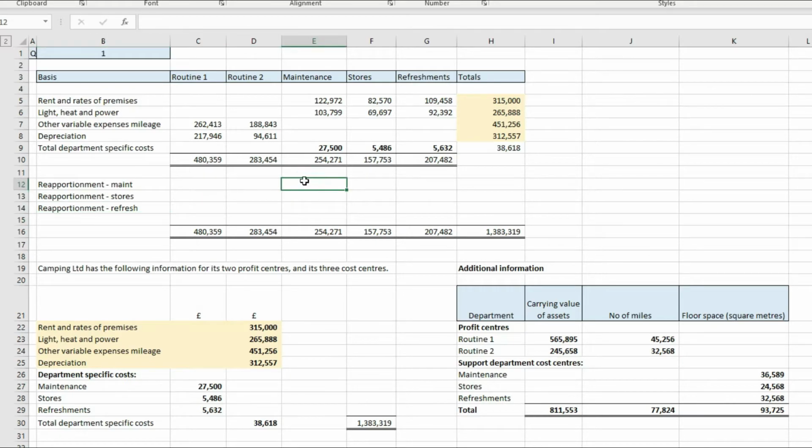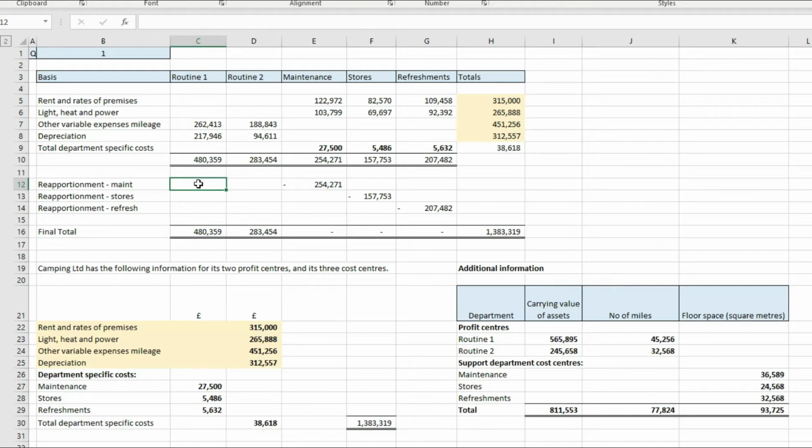So what we're going to do is equals minus the total of everything that's in maintenance, equals minus the total of everything in stores, and equals minus the total of everything in refreshments. Now the reason why it's a minus is because at the very end, when we're looking at our final total here, we want to have absolutely nothing left in maintenance, stores and refreshments because we've reapportioned that over here into routine 1 and routine 2.